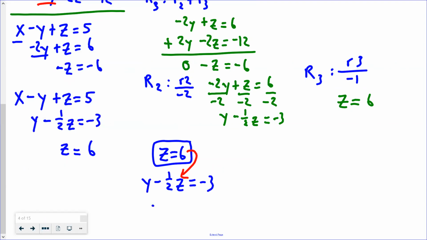So this gives me y, and then I'll have negative 1/2 times 6, okay? Half of 6 is 3, but it's negative 3, is equal to negative 3. When I add that 3 over, I get y is 0.